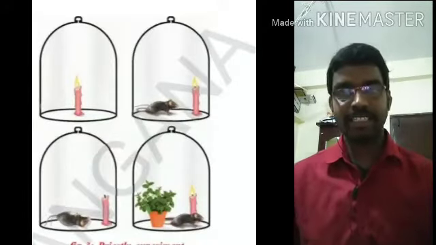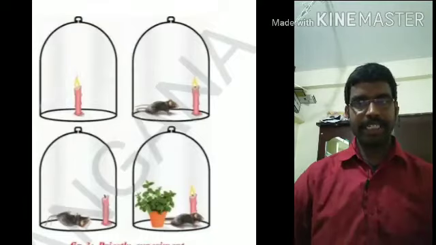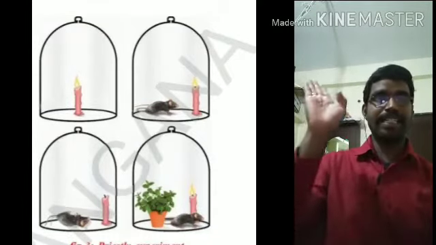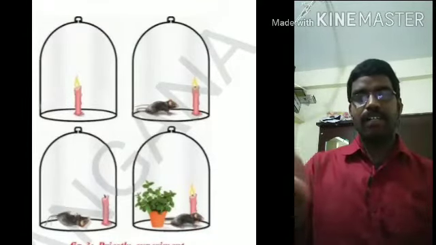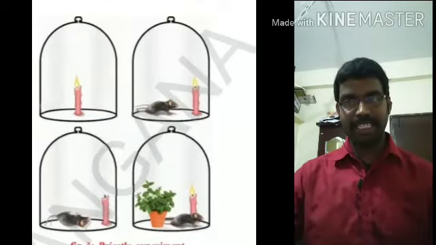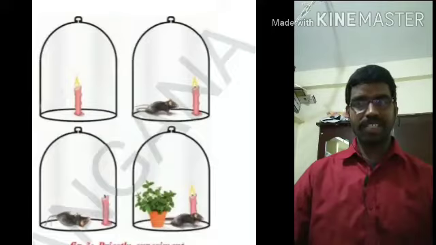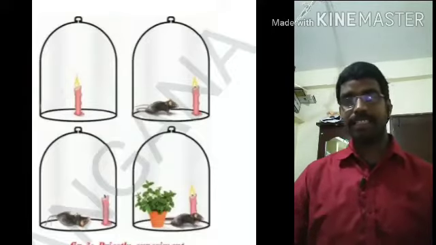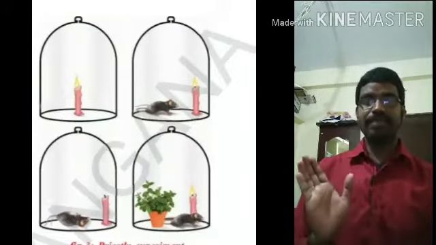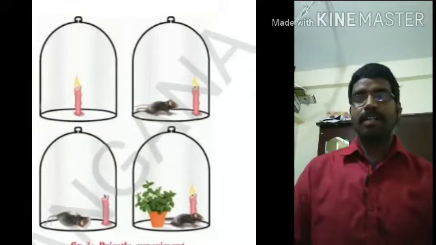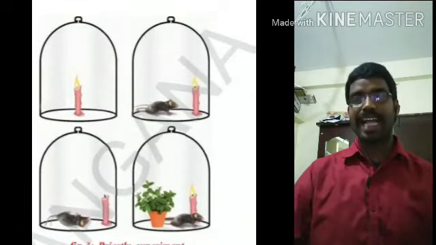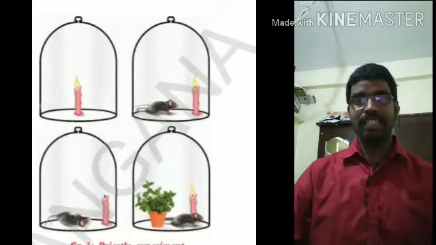Priestley observed a candle burning in a closed bell jar. When we look at this picture, one candle is closed with a bell jar, and it is exhausted. In the second observation, we closed one mouse and a candle with a bell jar.